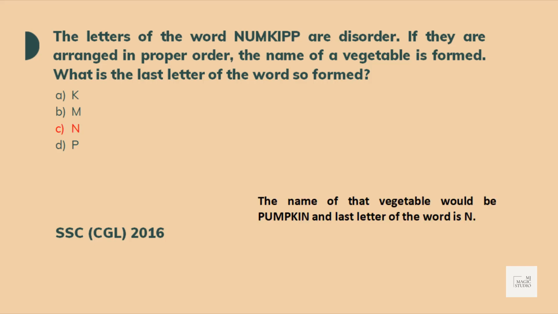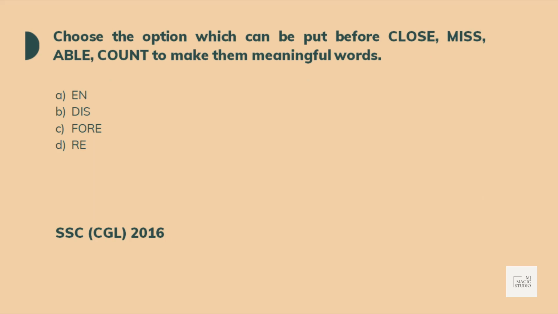Yes, answer is option C. The name of that vegetable would be pumpkin, and the last letter of the word is N. Correct answer is dis.